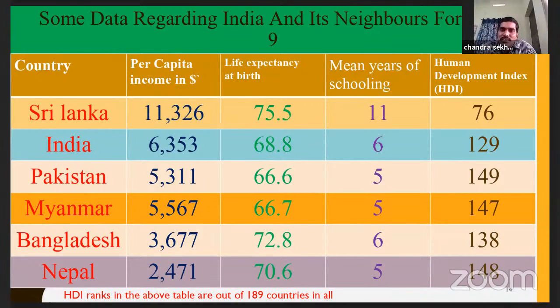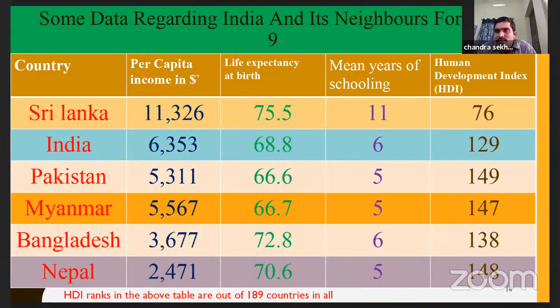India has only 68.8 years of life expectancy, but Nepal and Bangladesh are both very small countries and they have more life expectancy than India. Those with higher values in these three parameters got good ranks in the Human Development Index.